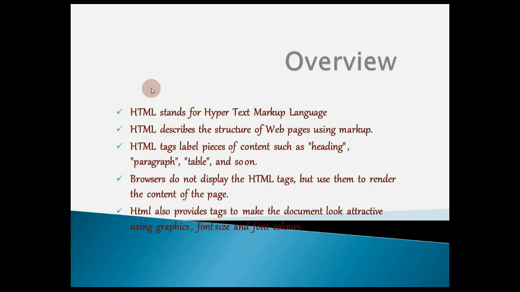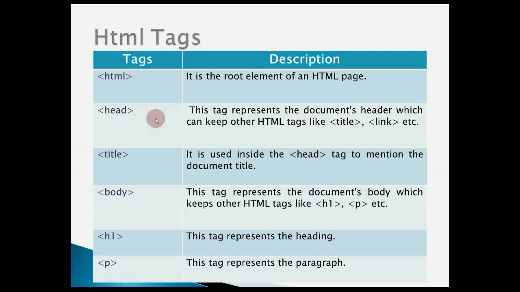HTML also provides tags to make the document look attractive using graphics, font size and colors. Users can make a link to another document or a different section of the same document by creating hypertext links, also known as hyperlinks.